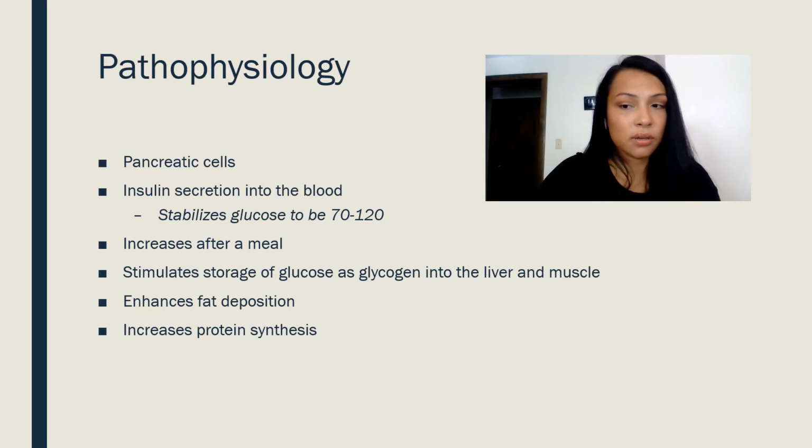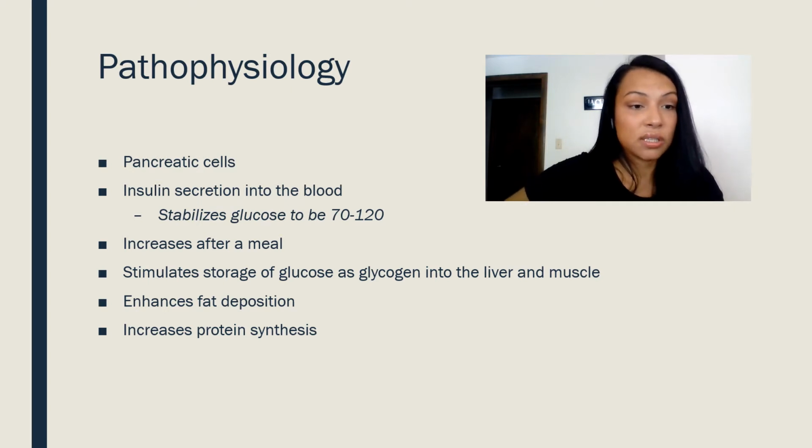The liver and muscle are cells that rely on glucose to function. It also enhances fat deposition and increases protein synthesis, which is super important when it comes to healing in a diabetic patient, because you need adequate amounts of protein and albumin to increase healing and reduce the amount of infections, which diabetics are more prone to get.